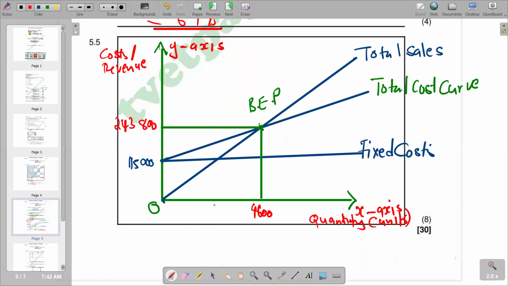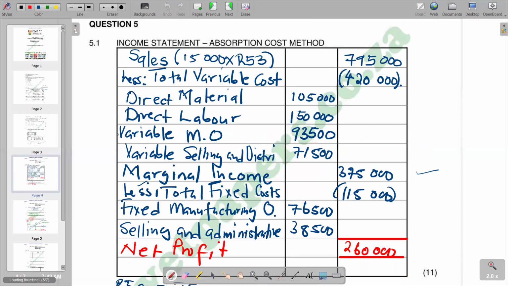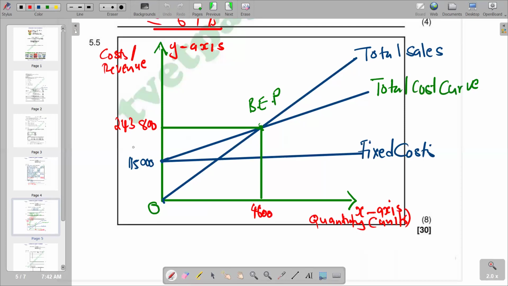Then we have our sales. Our sales, remember, we did refer to our sales as 795,000. So our sales will be represented as the total revenue that we have. So we can indicate our sales at this point, whereby we have put our sales and we indicated that it's 795,000.